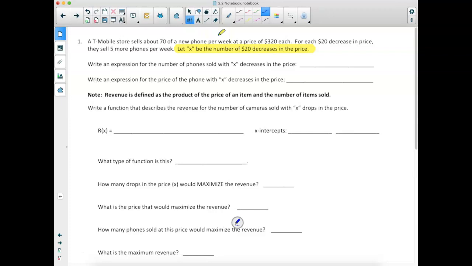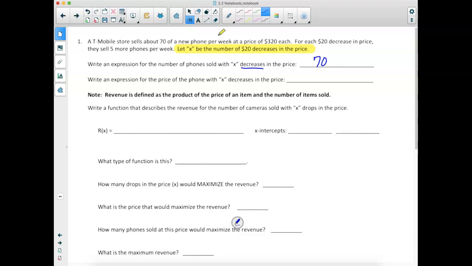Write an expression for the number of phones sold with X decreases in price. Okay, well, how many phones are they selling right now? Right now, they are selling 70.